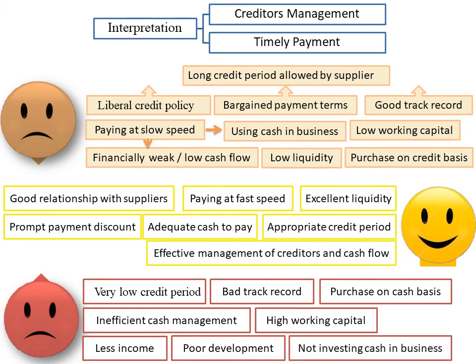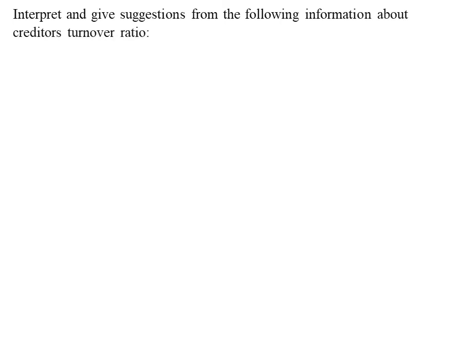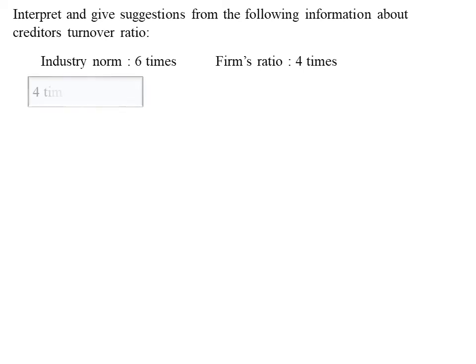Let us understand suggestions of the ratio with one example. Interpret and give suggestions from the following information about creditors turnover ratio. Industry norm is 6 times, firm's ratio is 4 times. We can see that the firm's ratio of 4 times is less than the industry norm of 6 times.